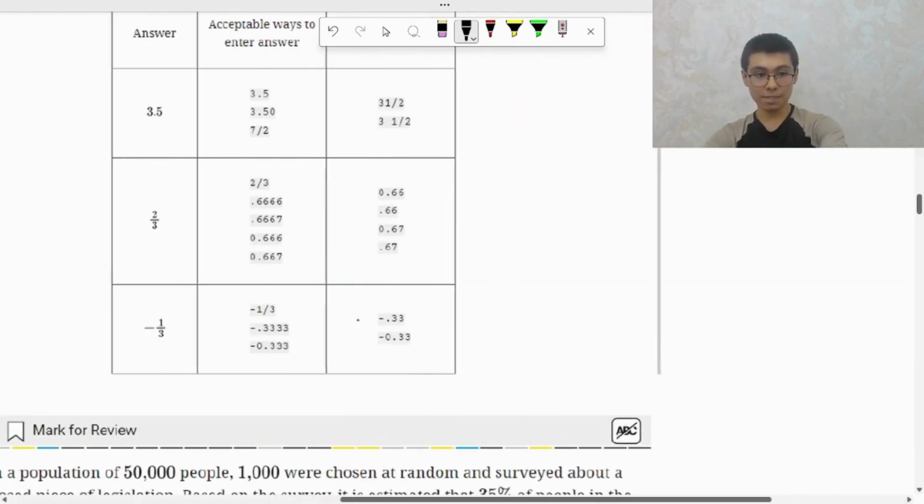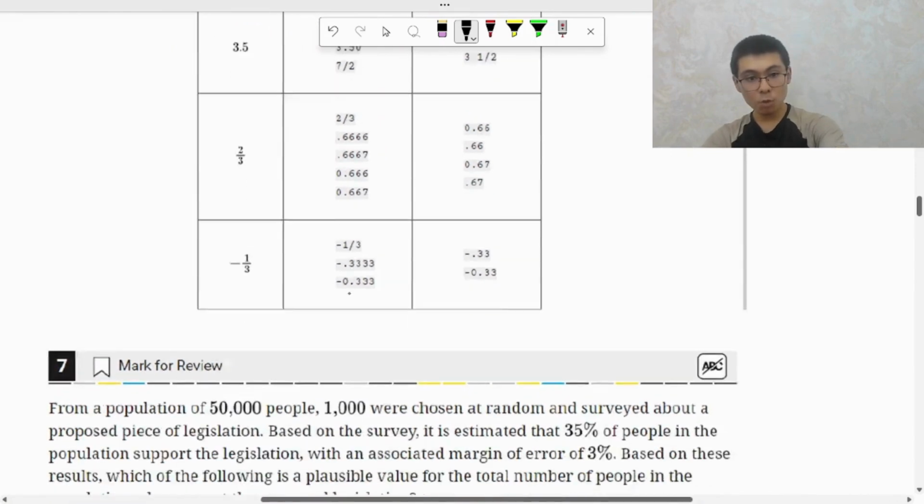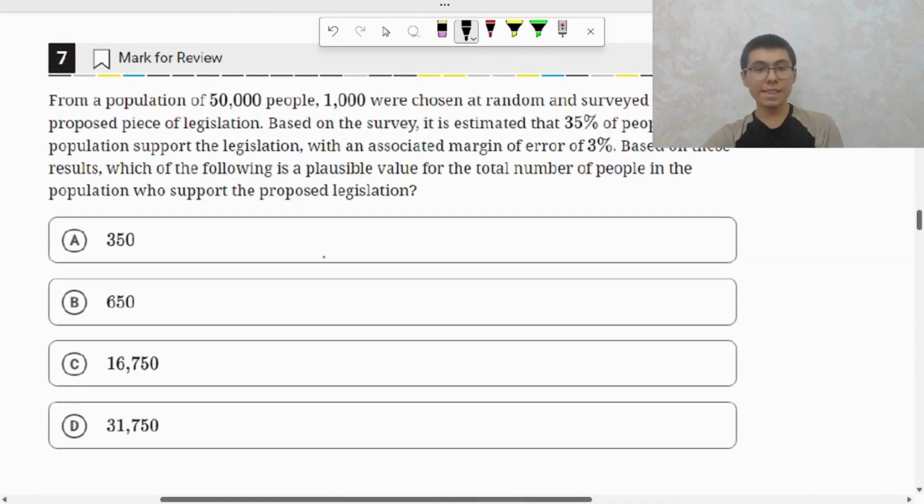Okay, question number 7. From a population of 50,000 people, that's a lot of people, right? Thousands were chosen at random and surveyed about a proposed piece of legislation.